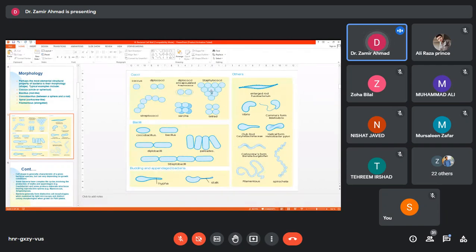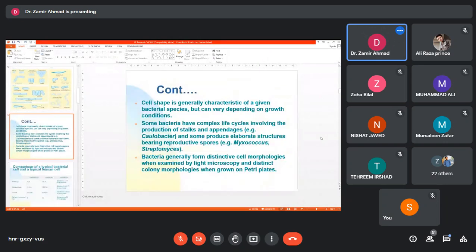Streptococci are spherical in shape and arranged in chains, while streptobacilli are elongated in shape and arranged in chains. You can also see the filamentous spirochetes or corkscrew forms.